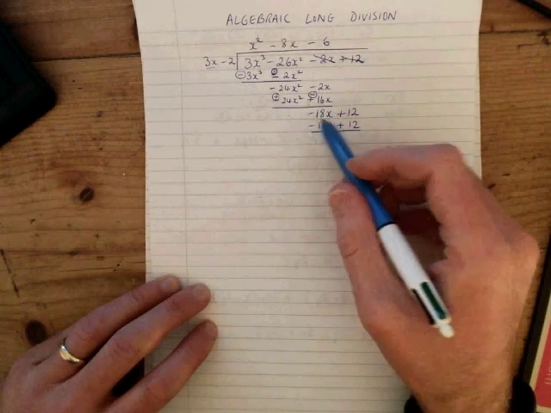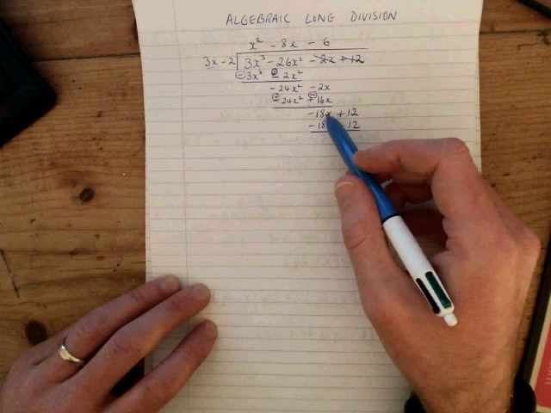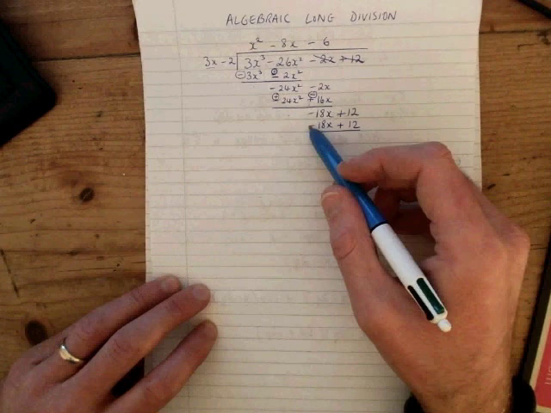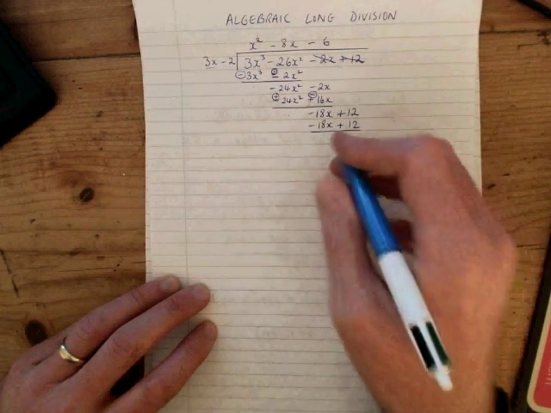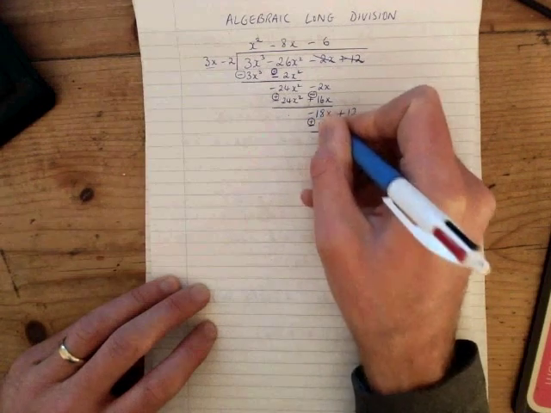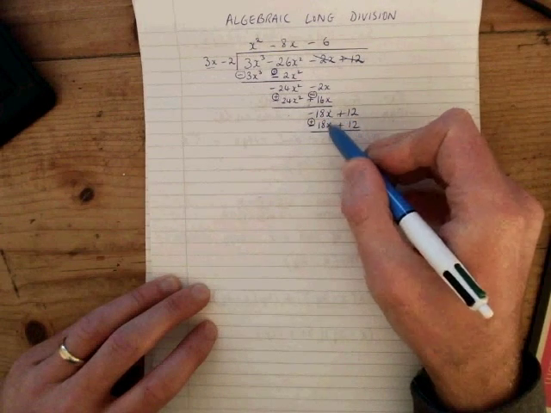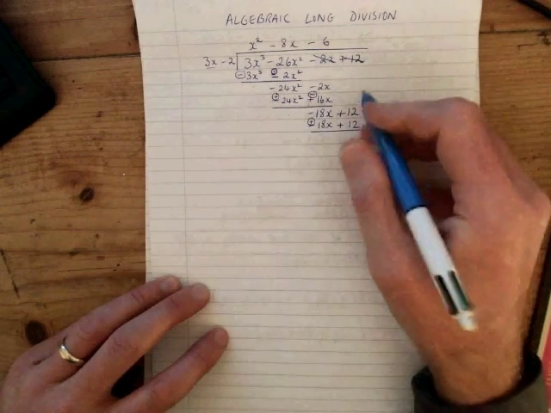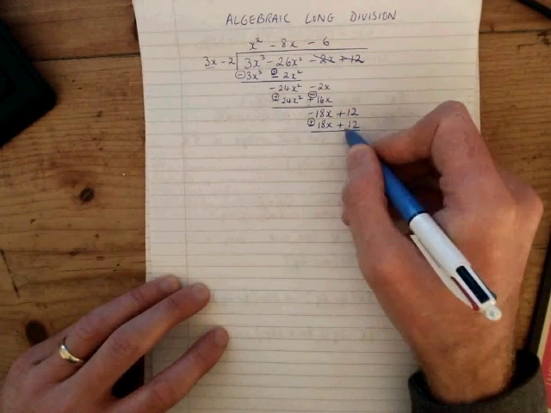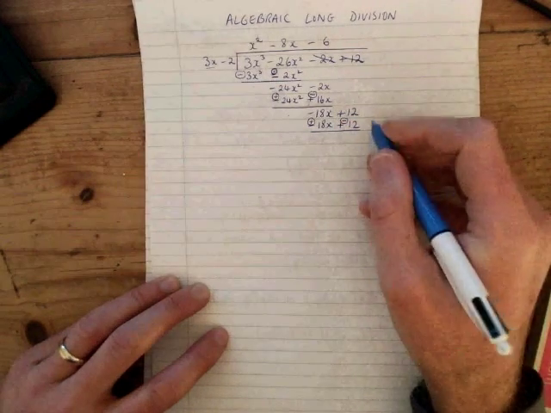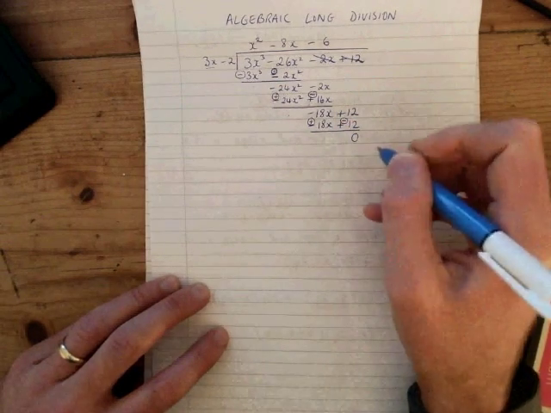How do we eliminate minus 18x and minus 18x? Again, we subtract minus 18x, which means we're actually adding, so minus 18x plus 18x is 0. Same thing over here: 12 take away 12, signs change, 0.